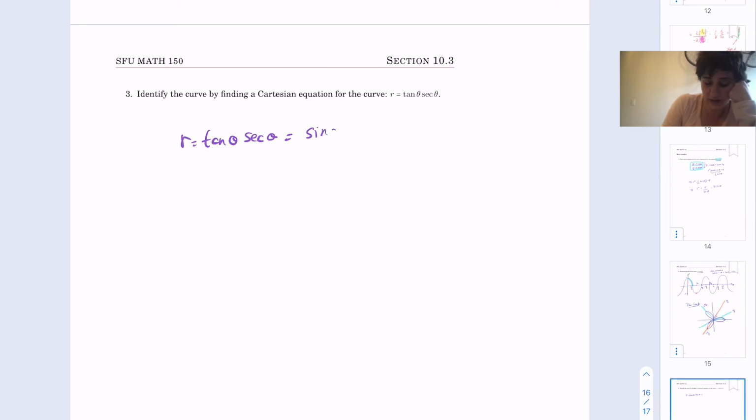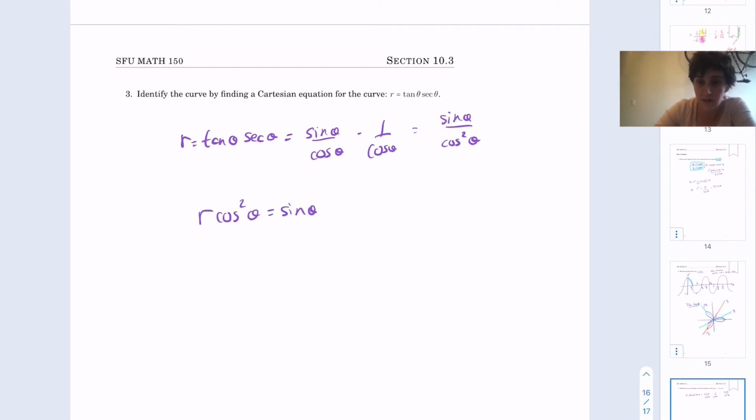Tangent is sine over cosine. Secant is 1 over cosine. So I have sine theta over cos squared theta. I can rearrange that a little bit, and I get r cos squared theta is equal to sine theta. Okay, now what?